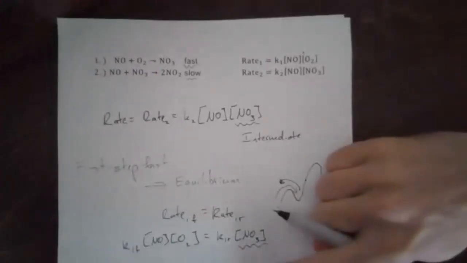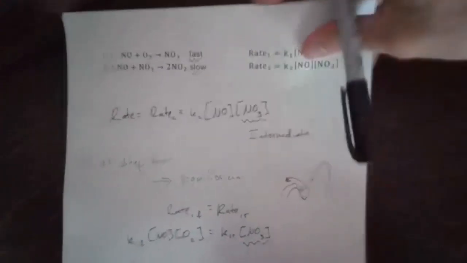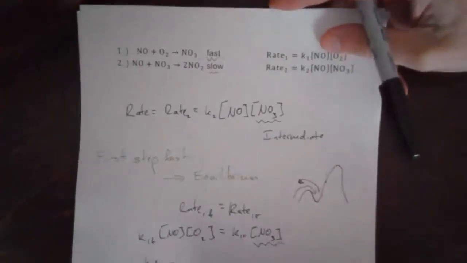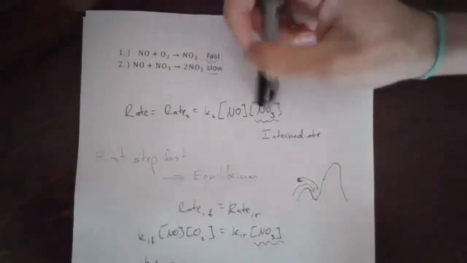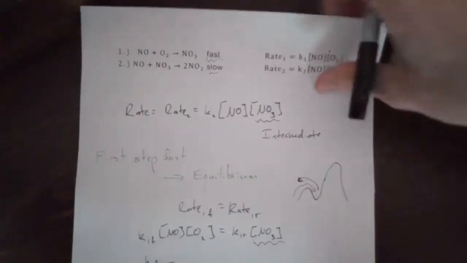So what we've just done is we've gotten an algebraic representation for what the concentration of NO3 will be based off these concentrations. Right? So what we can do is plug that into here. Let's go to the second page now.